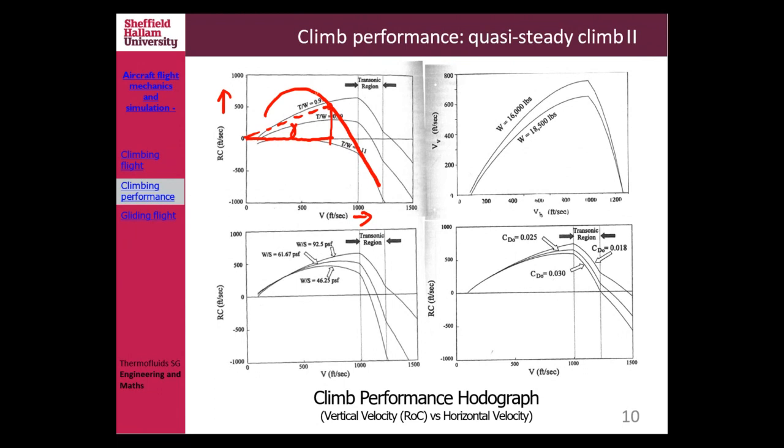And if you go up to here, you have another horizontal speed and vertical speed, but you can see this is where you achieve your maximum rate of climb, right? That is the maximum, and that is your gamma at maximum rate of climb.